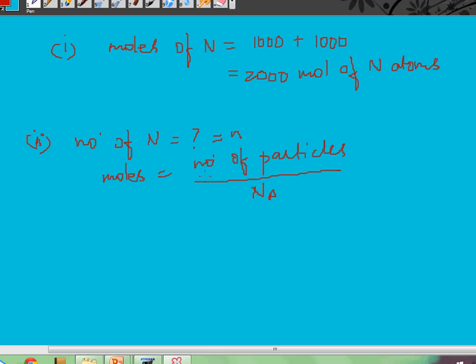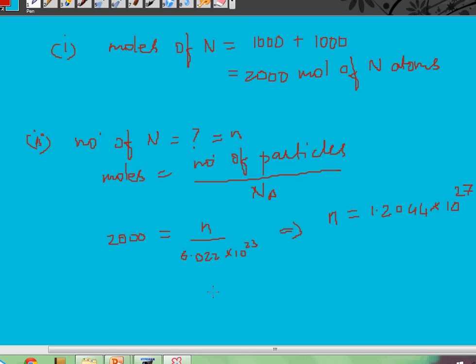We can use the unitary method or directly use the formula. So the number of moles of nitrogen is 2000, and the number of atoms n divided by Avogadro's number. This implies n is equal to 2000 into Avogadro's number, which will be 1.2044 multiplied by 10 to the power 27.